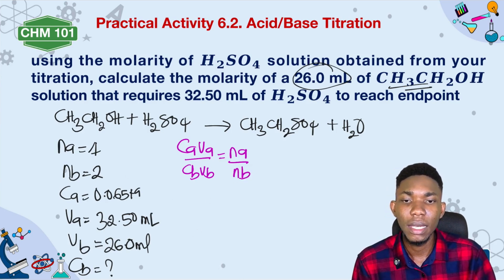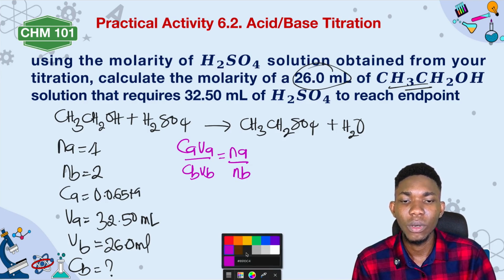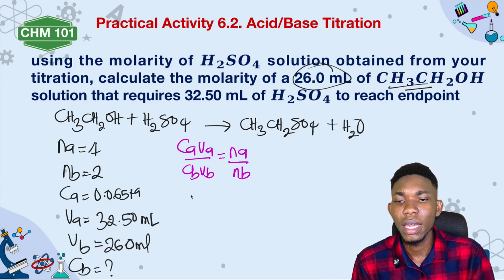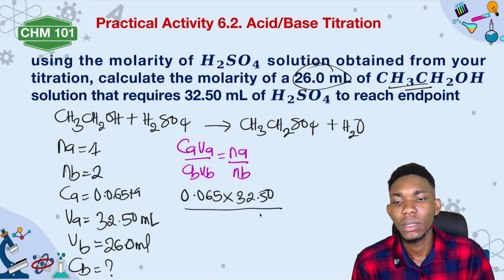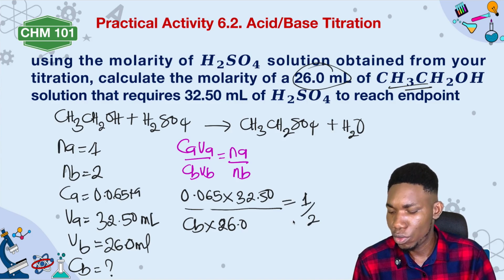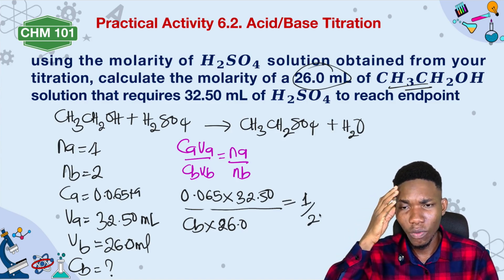Ca is 0.065, Va is 32.50, and Cb is what we are looking for, times 26.0 ml, is equal to Na is 1 over Nb.